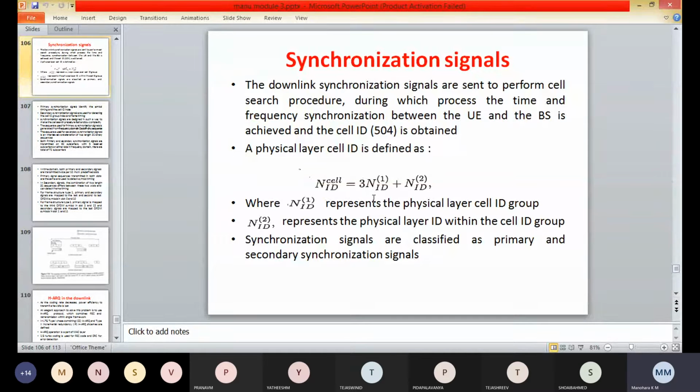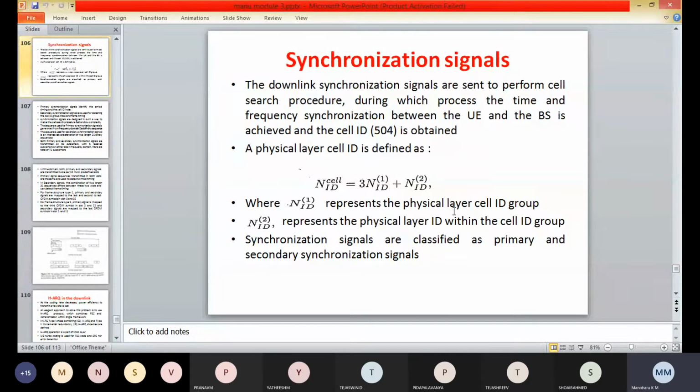A physical layer cell ID is uniquely defined as NID cell equal to 3 NID1 plus NID2, where NID1 represents the physical layer cell ID group, and NID2 represents the physical layer ID within the cell ID group. So each cell has a unique physical layer cell ID.